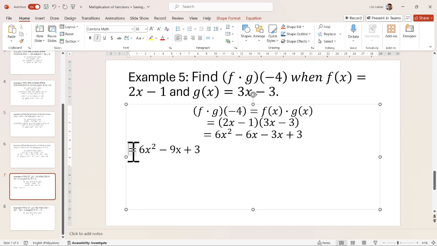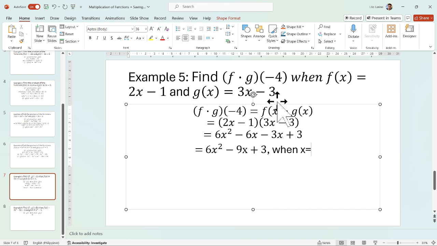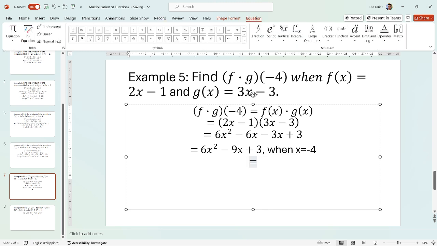Now, this expression will be evaluated when x is negative 4. So this is the product of the two functions, and we substitute negative 4 in this product. We have 6 multiplied by the square of negative 4 minus 9 times negative 4 plus 3.